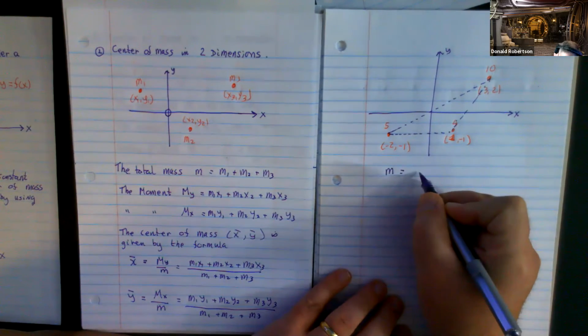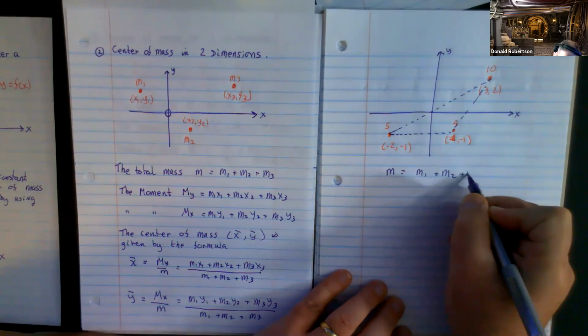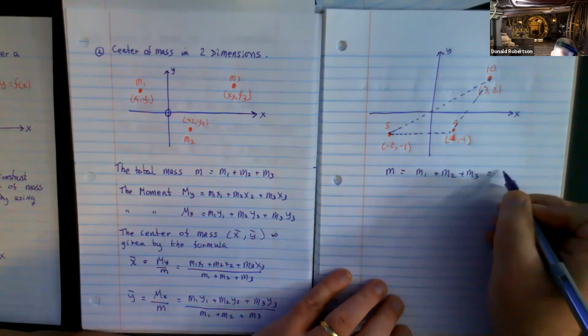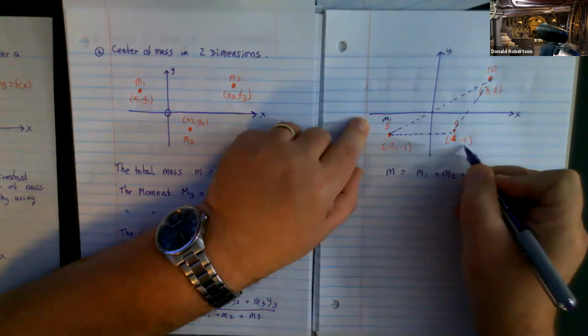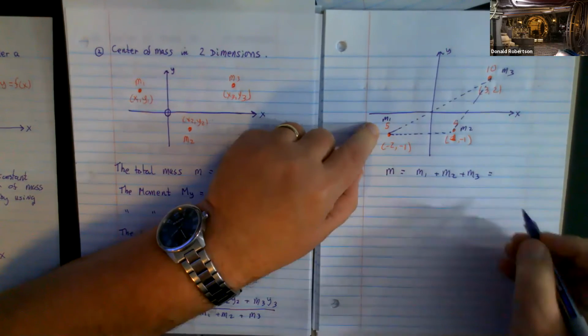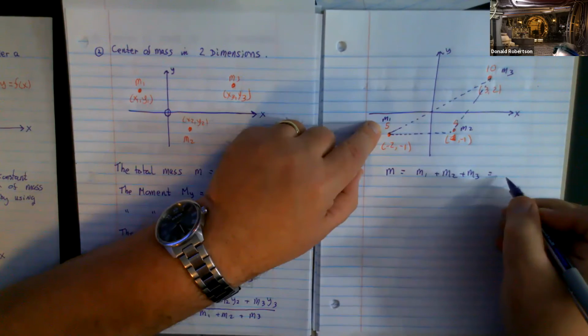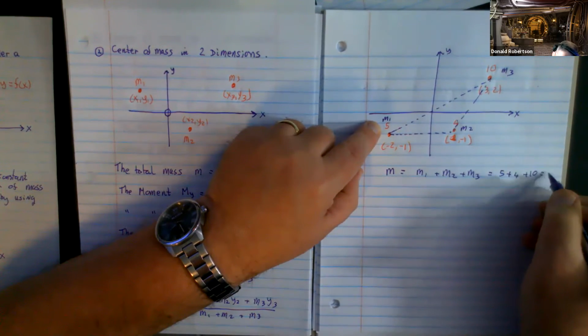Well, its mass is what you get when you add those 3 guys together. So I guess I should call them M1, M2, M3, they're just labels. So what we got: 5 add 4 add 10, 19 again.